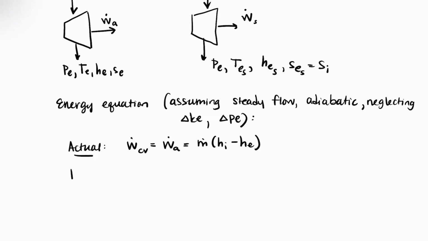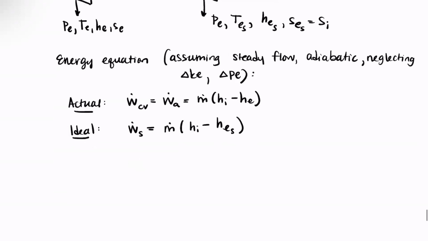And then our ideal equation is W dot for our isentropic process is equal to m dot (Hi minus He for an isentropic process). Okay, so we would like to know how W dot A compares to W dot S.